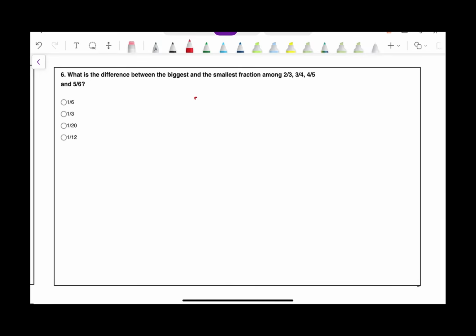We have 2 by 3, 3 by 4, 4 by 5, 5 by 6. So let us reduce these. 2 divided by 3, 0.20. 3 sixes are 18. 20, it will go on 0.66, and so on.